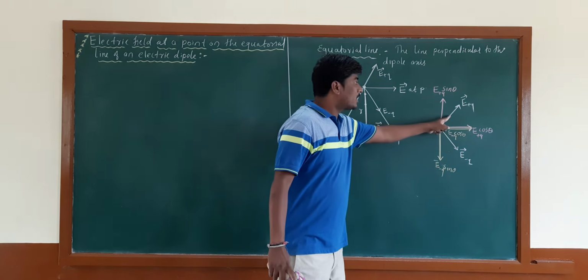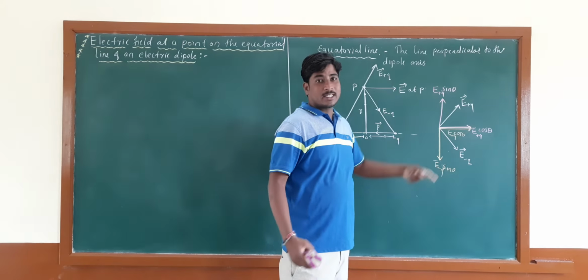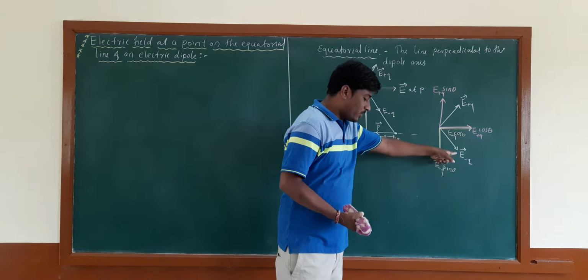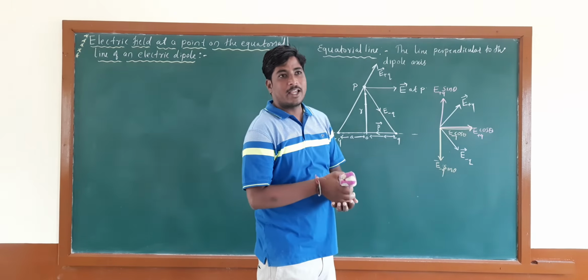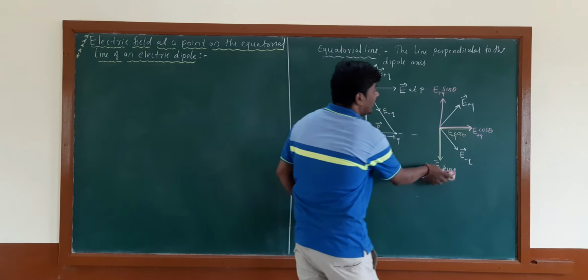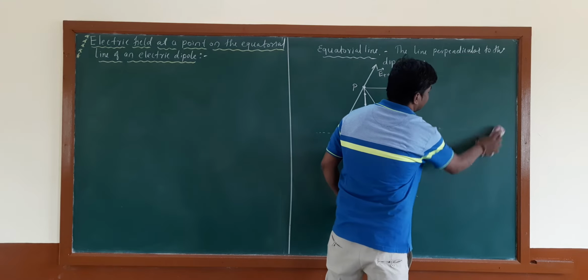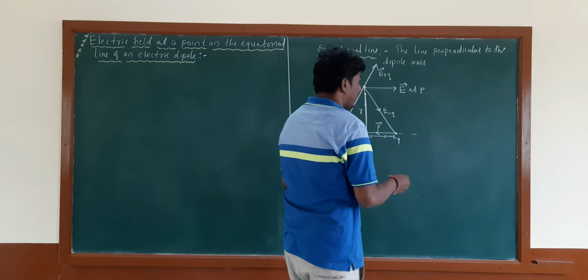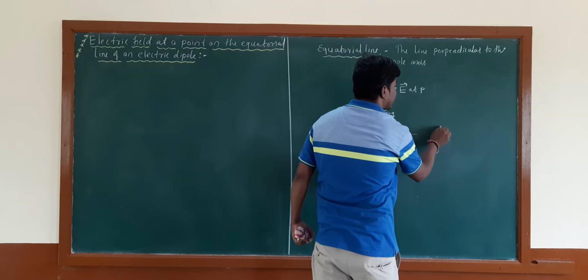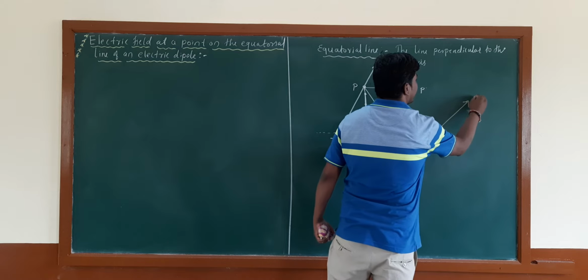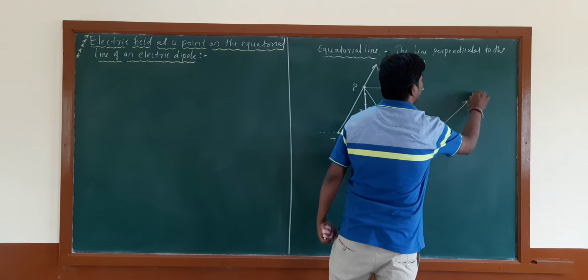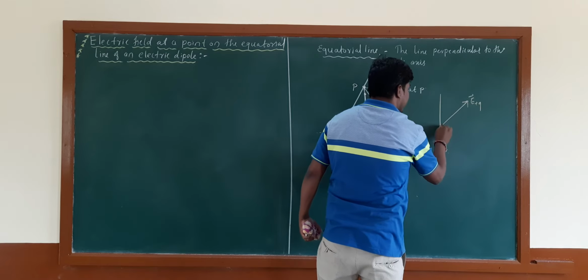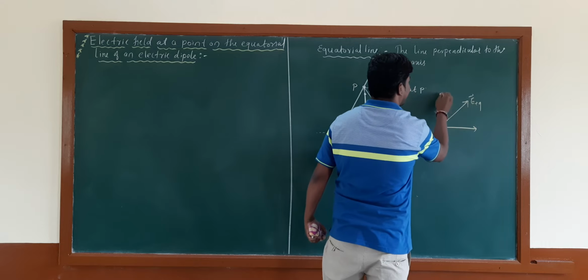So this E plus Q is resolved into rectangular components, right? And E minus Q also gets resolved into rectangular components. And finally, what we get here is like this. So resolution is done in this way. So it is E plus Q, resolved in this direction.